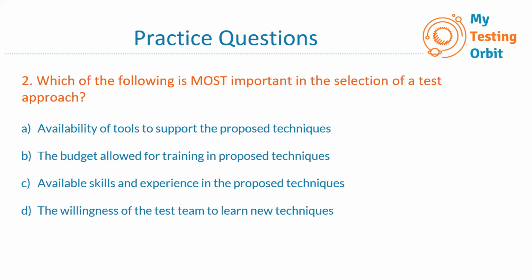So let's say we have a resource who has the skills and experience required to test the project, but we are using a tool which that person has no experience with, or hasn't used. That wouldn't be important for us, because our test approach will be based on what kind of skill we need in order to test that specific project. So that will go in the proposed techniques, in the test approach for that proposed techniques. So C would be the correct answer.